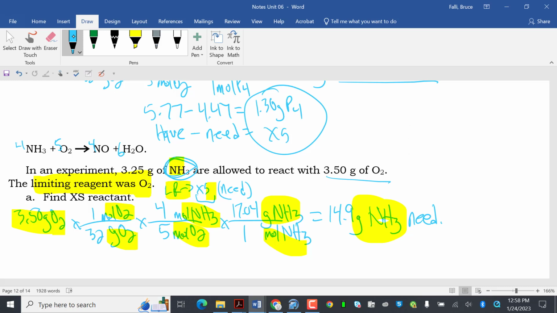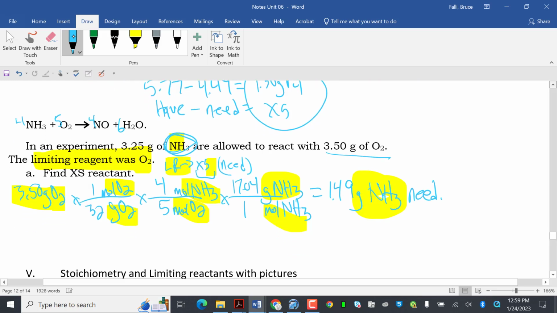What do I have for NH3? Ooh, that doesn't look so good. Let me check my math again. 3.5 divided by 32 times 4 divided by 5 times 17.04 equals 1.491. Welcome to the magical world of decimal points. 1.49 is what I need.